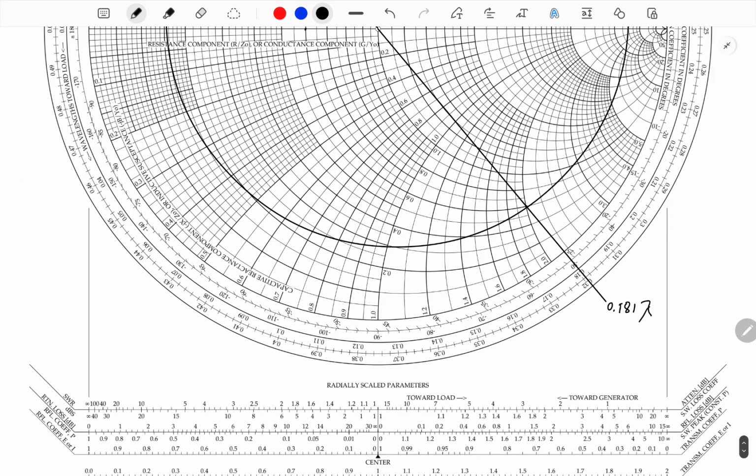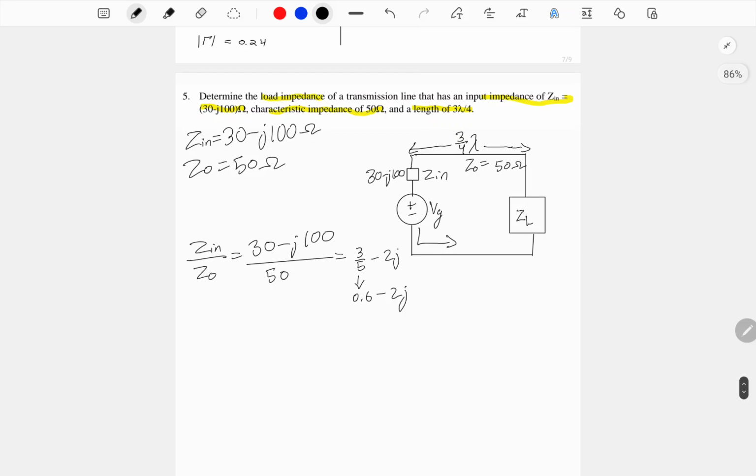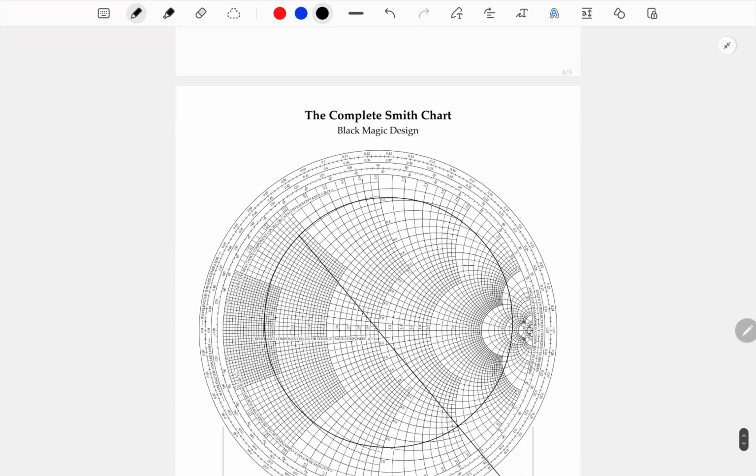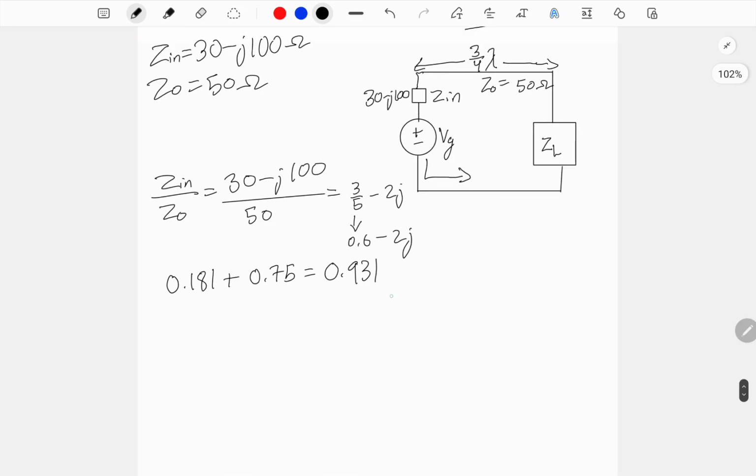So now we found the lambda here, and we have the length of 3/4 lambda. So it's 0.181 plus 0.75. You get 0.931. Now this is above 0.5 lambda, meaning you subtract 0.5 lambda.